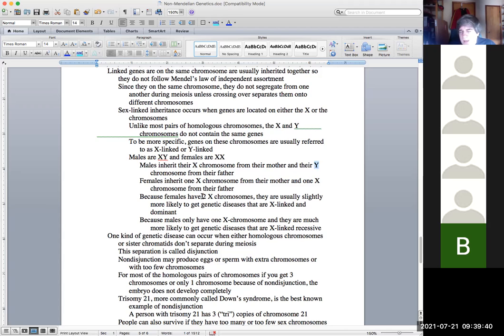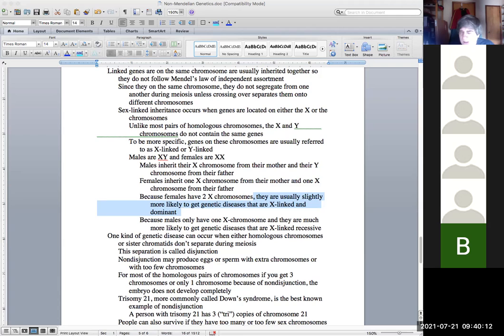Now, if we think about what it means for alleles to be dominant and recessive, a dominant allele always shows up in your phenotype. So females have two X chromosomes. So this means they're slightly more likely to get genetic diseases that are X-linked and dominant. You could think of it like buying a lottery ticket. Unfortunately, in this case, the lottery is you get a genetic disease.